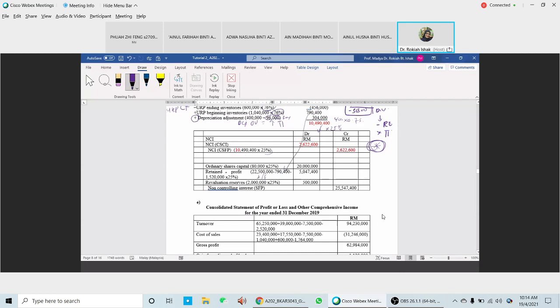And then minus 15,1520, which is the URP for the machinery. Why don't we plus the 790? The URP 790, plus, isn't it?